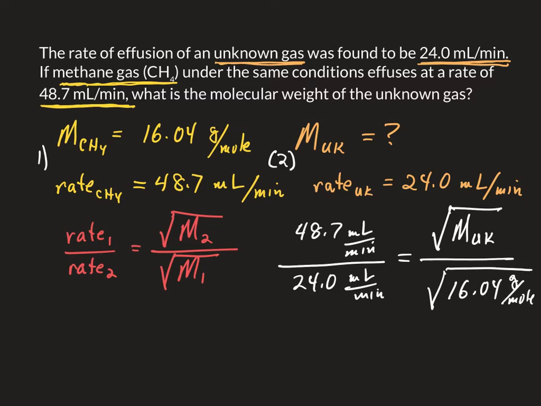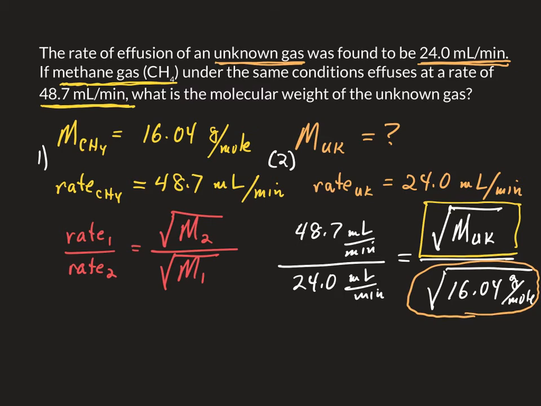Okay, so there is the setup of our expression. If we multiply both sides of our expression by the square root of the molar mass of methane, we can isolate the square root of the molar mass of our unknown.